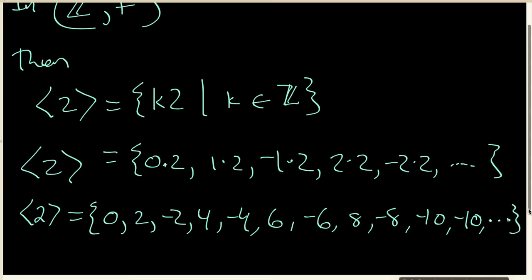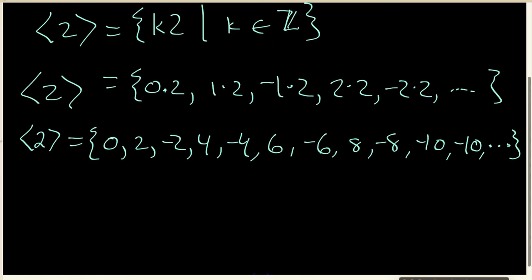So it's important to understand that the actual set that we get for the notation 2 inside these angle brackets depends upon what group we are looking at. And that's something that is worth writing down.